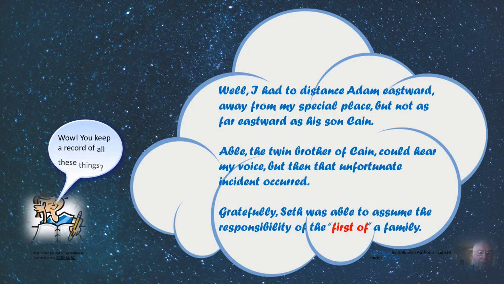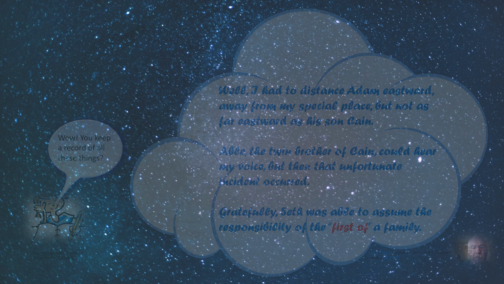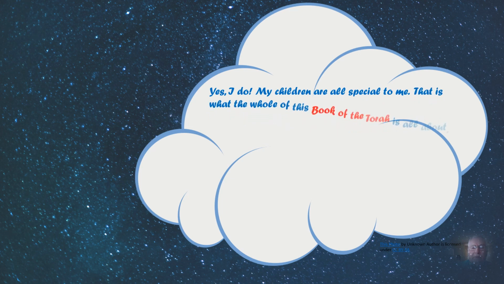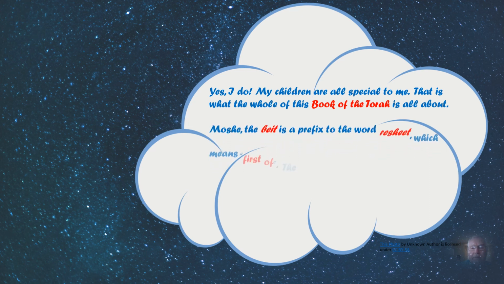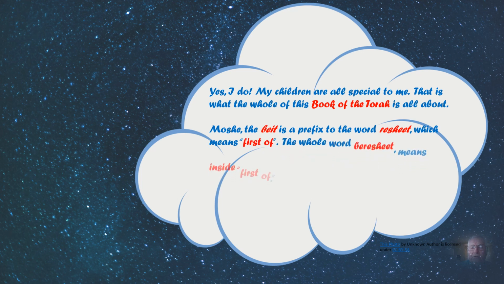Wow, you keep a record of all these things? Yes, I do. My children are all special to me. That is what the whole of this book of the Torah is all about. Moshe, the bait is a prefix to the word Rashit, which means first of.